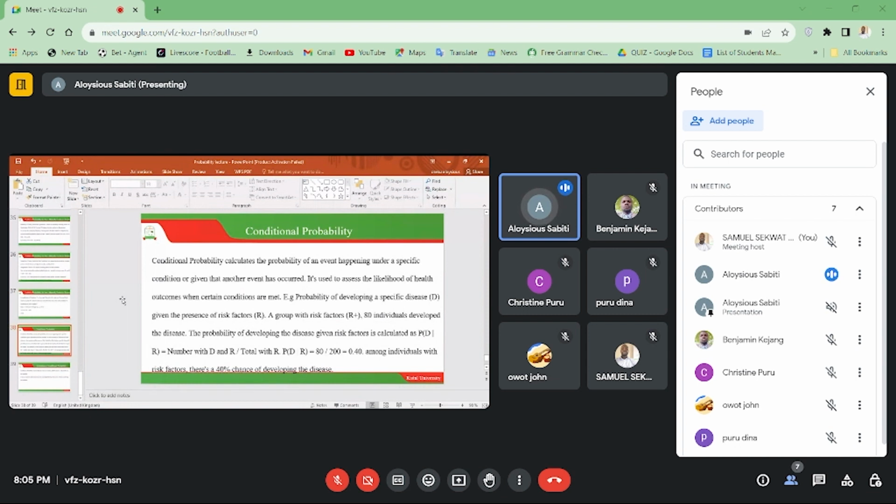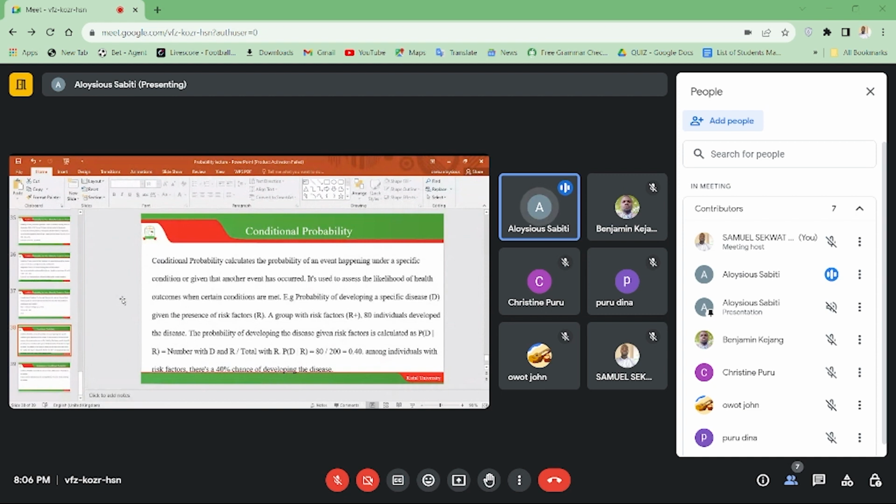Or nevertheless, it is always common that individuals who have high blood pressure will also develop a condition of diabetes, or stroke.